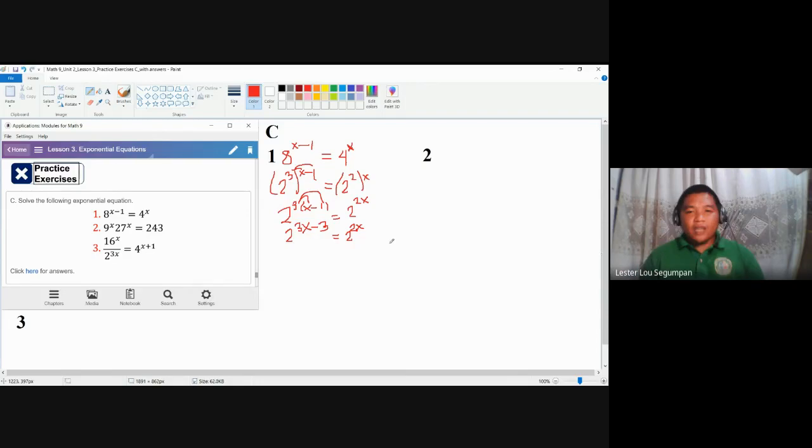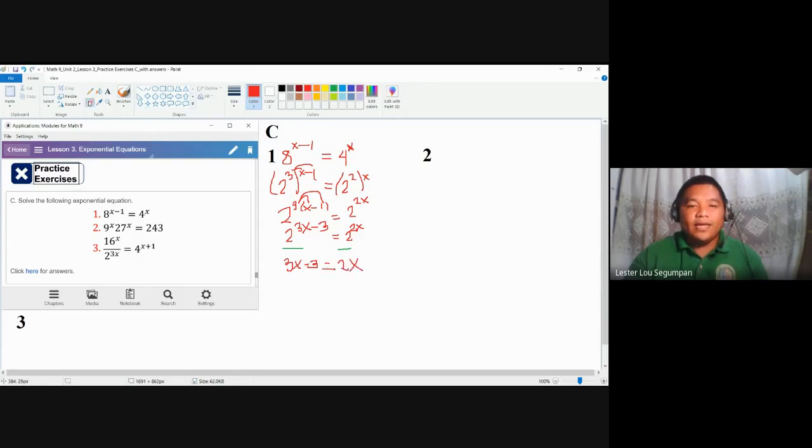We may stop using the laws of exponents at a point wherein we cannot combine any more exponents and we have the same base already. Because from here, we already have same base 2. We can now use the property of equivalent exponents and equate the exponents: 3x minus 3 equals 2x.